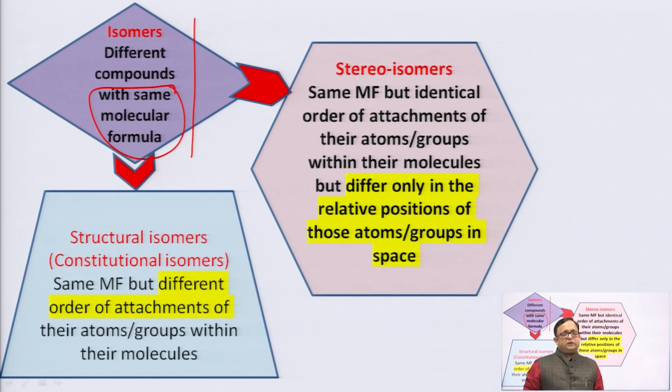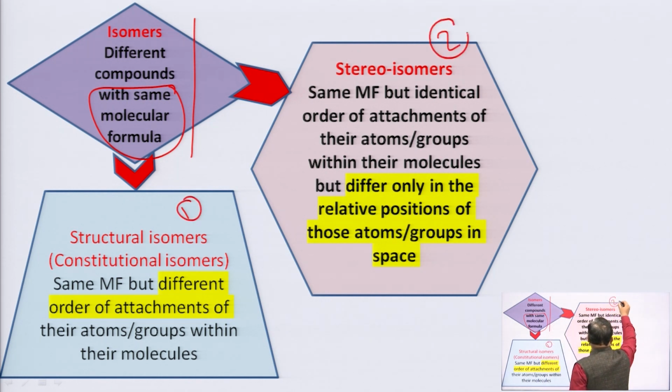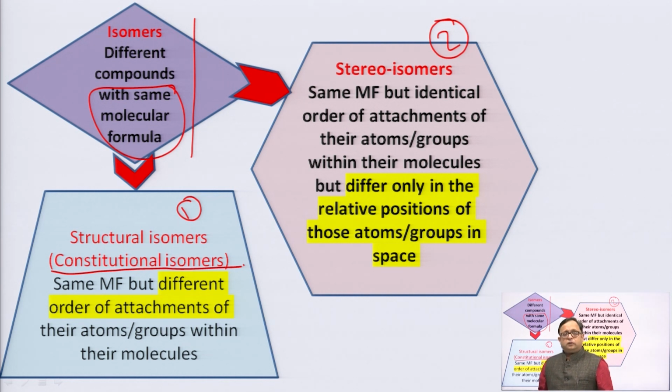Now, these isomers are classified basically into 2 types. One is called structural isomers and another is known as stereoisomers. Structural isomers are also known as constitutional isomers. Now, what is the difference between structural isomers and the stereoisomers?